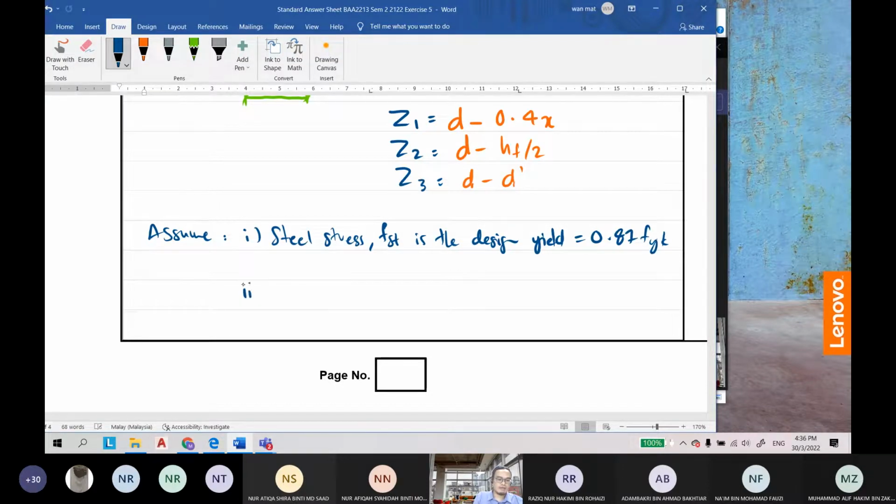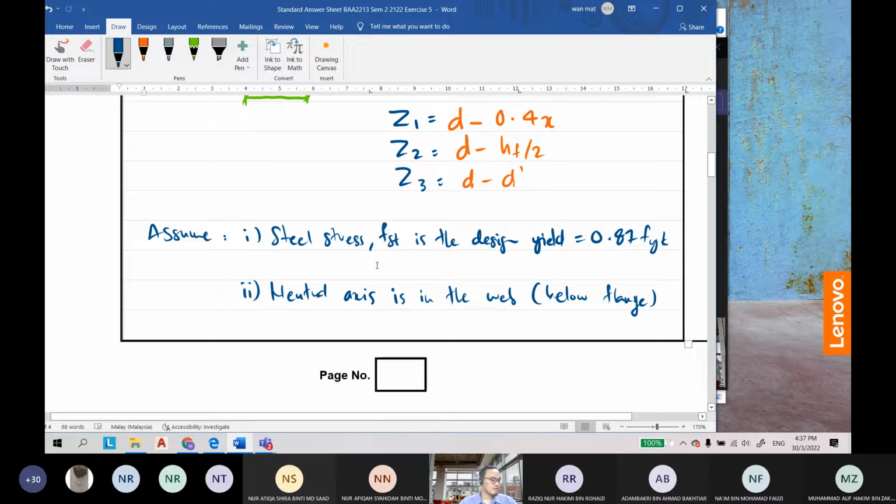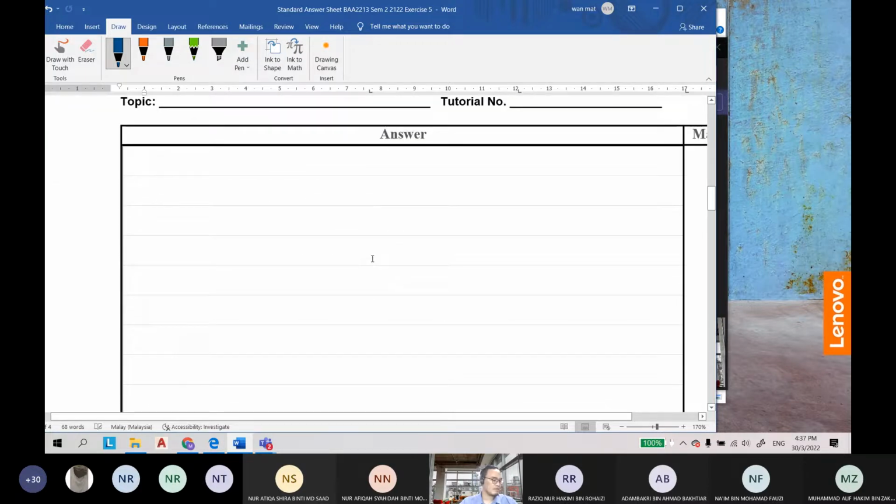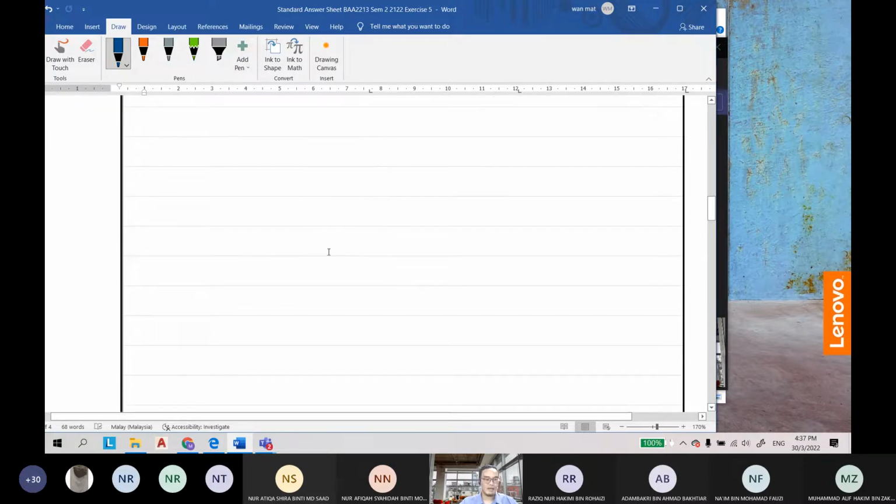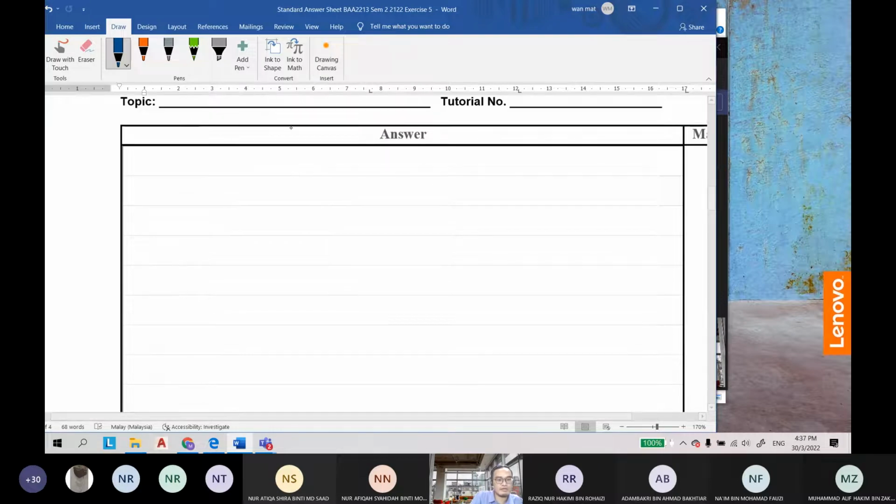And the second one is the neutral axis is in the web, which is below the flange. Always remember that the concept is force equals pressure times area.